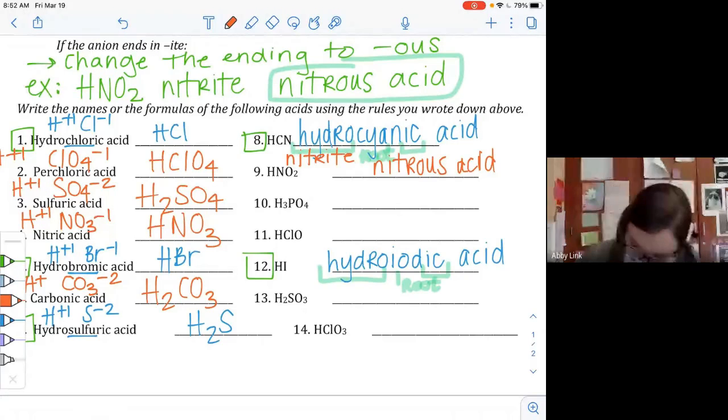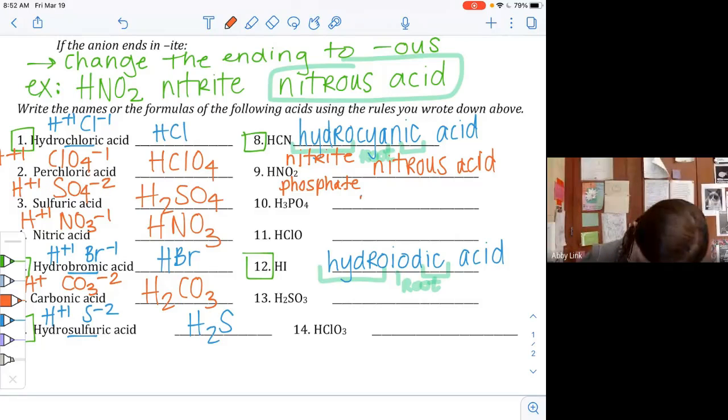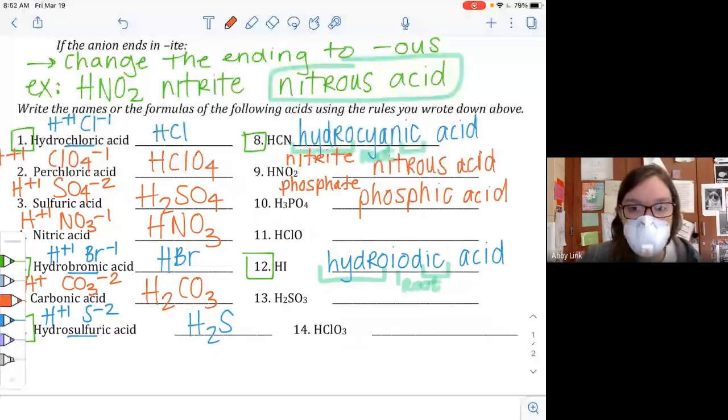Number 10, H3PO4. I find PO4. It is phosphate. Let me write that down. It ends in ATE. So I'm thinking I need to change it to ic. So phosphic acid.